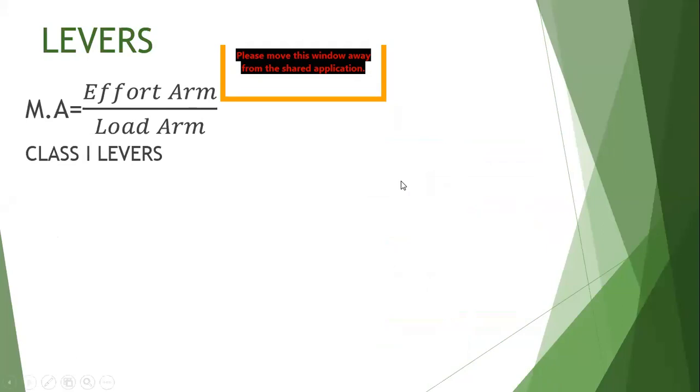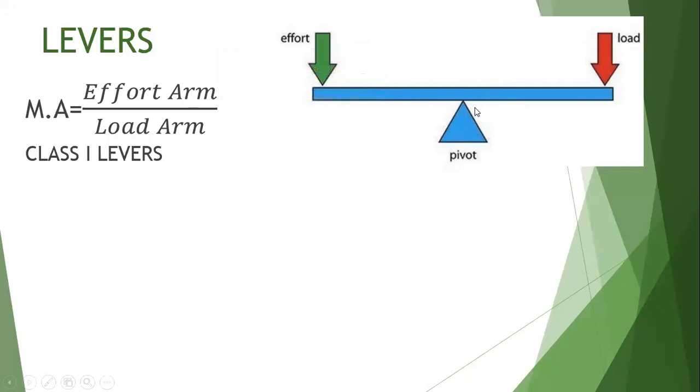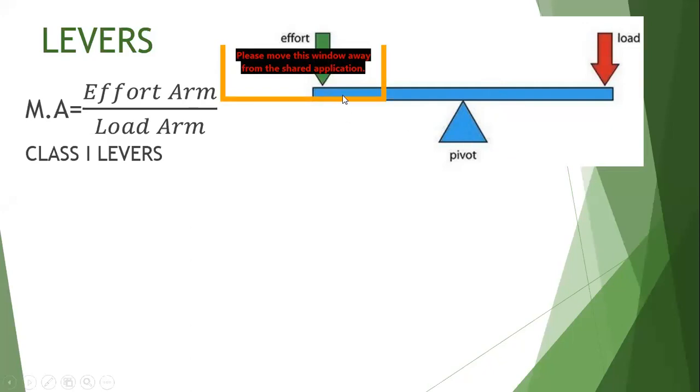Now, what you observe in class 1 lever. This is an example of class 1 lever. Now, how will you identify a class 1 lever? In a class 1 lever, the pivot, which can also be called the fulcrum, is in between the load and the effort.